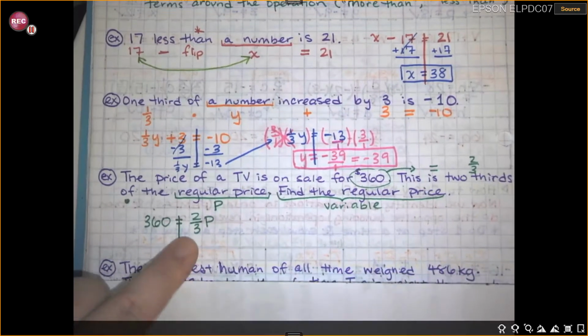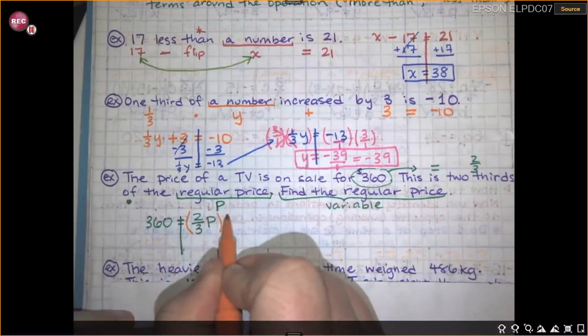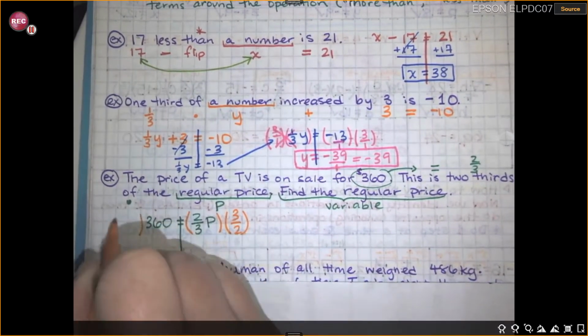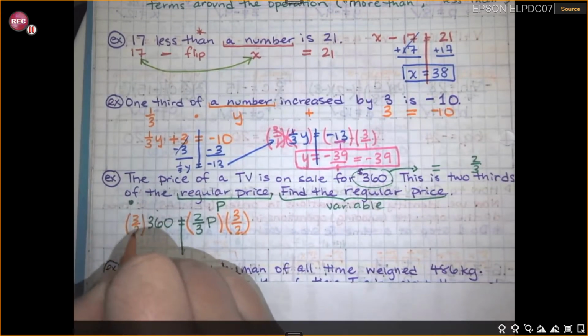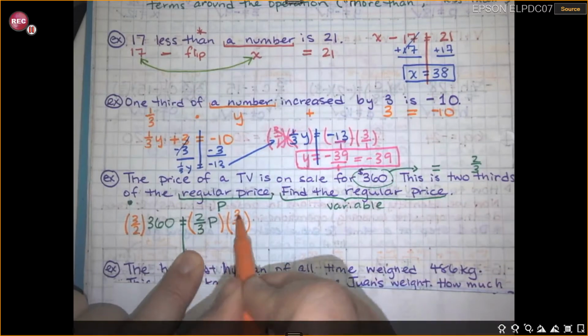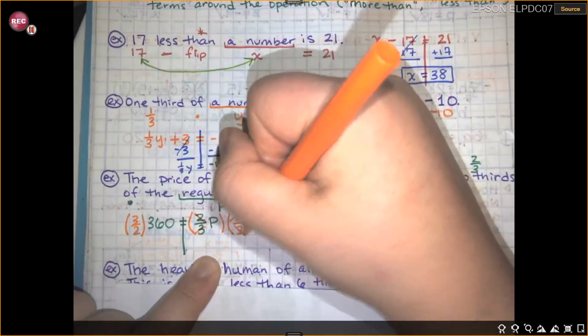Okay. So now notice my fractions over here. That's okay. I can still multiply by the reciprocal and put it over here. 3/2. Okay. So here, the 3 and this 3 cancel each other, and the 2 and this 2 cancel each other.